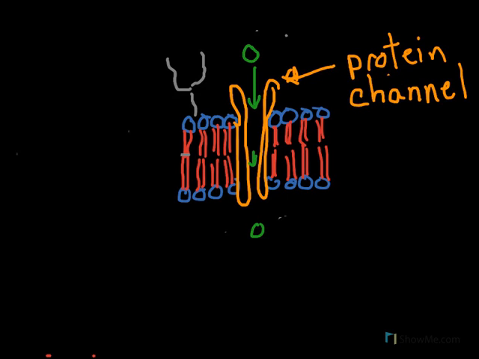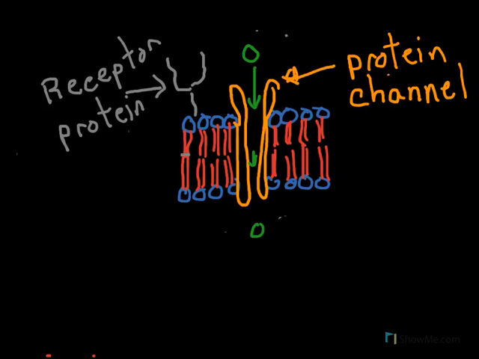Another molecule we should think about with a cell membrane attached to it, or part of it, is these receptor proteins. Receptor proteins are very important because they're involved with cell communication.